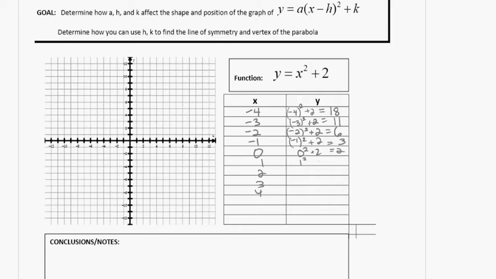And then, because we're squaring the negatives, we should actually get the same with the positives. So we start to get symmetry: 3, 6, 11, 18.